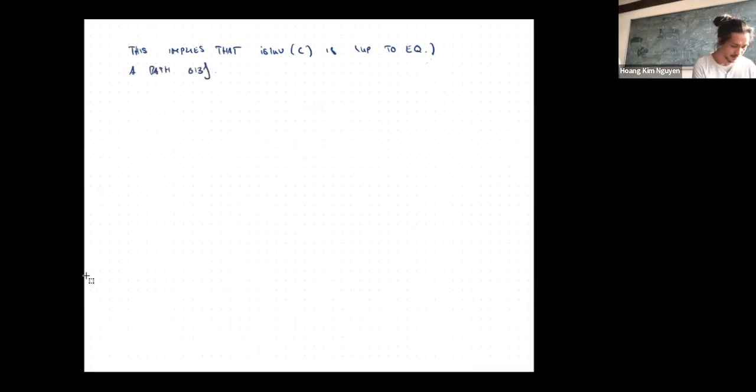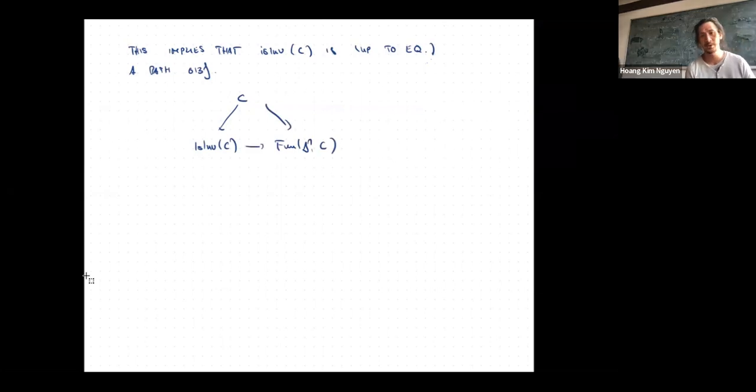So what we have is we have C, this maps into its inverse C, and this also maps here. And then up to homotopy, at least, we get a commutative triangle.